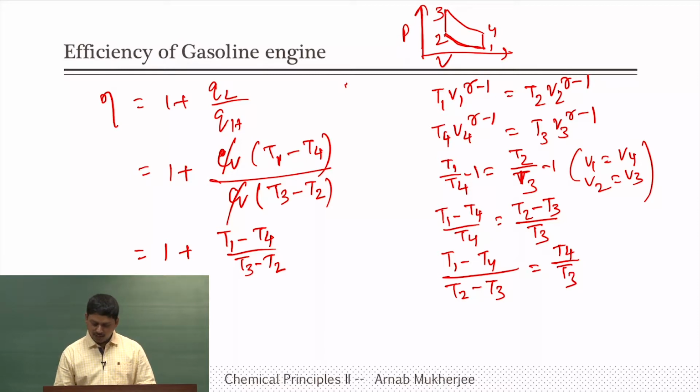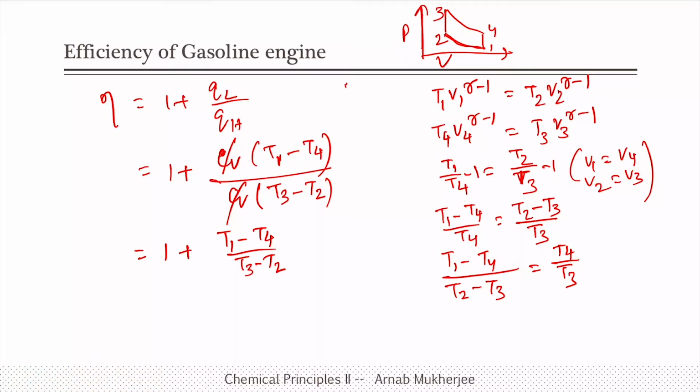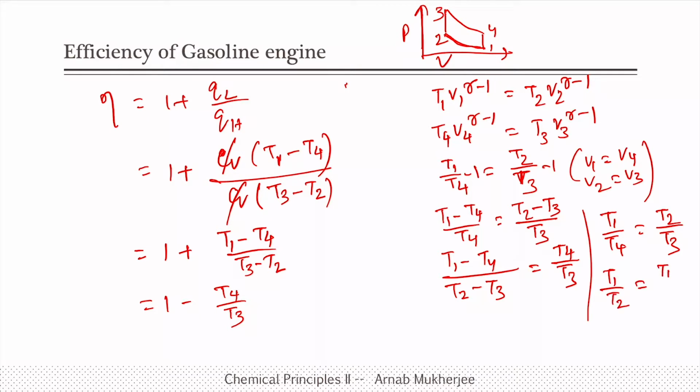But I have T1 minus T4 and T3 minus T2. So, I need a minus sign. So, this one becomes 1 minus T4 by T3. Also, we know from this relation that T1 by T4 is equal to T2 by T3, and if I rearrange that, I will get T1 by T2 is equal to T4 by T3. So, you can also write it as 1 minus T1 by T2.